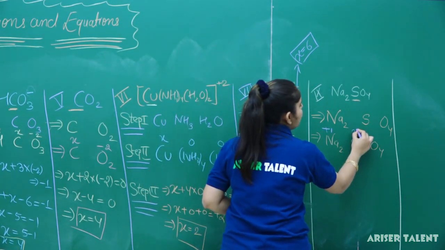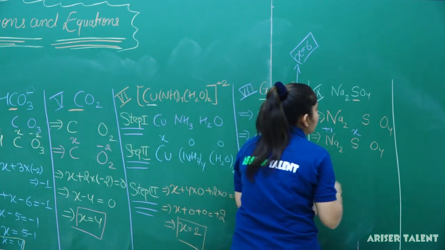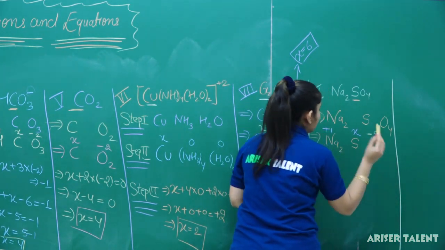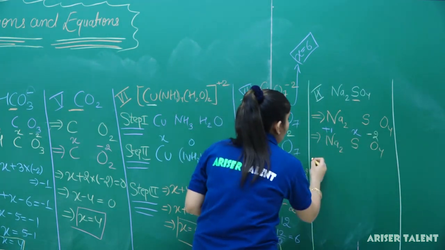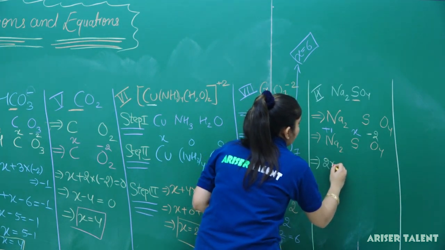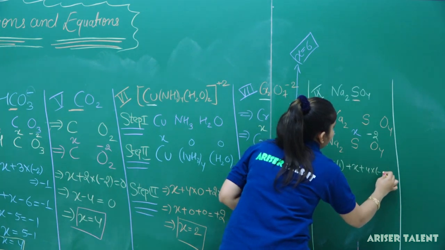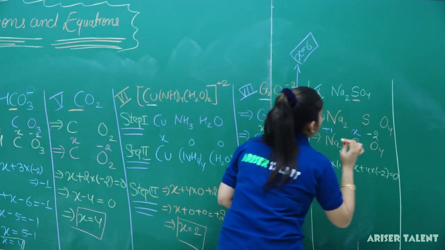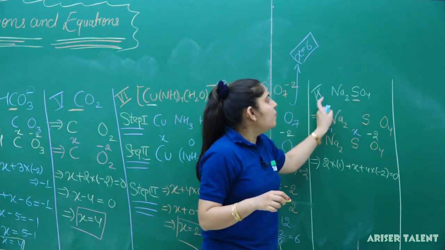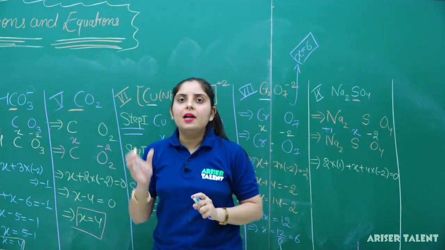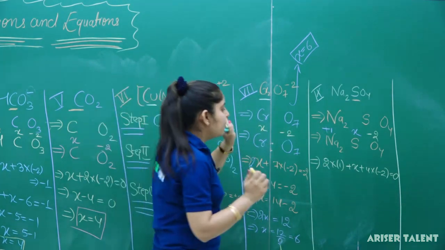For sulfur we are assuming X and for oxygen we know that the charge is -2. Now we will do 2 into 1 plus X, 4 into -2 will be equal to 0, because the compound present here does not carry a total charge. So it will be equal to 0.